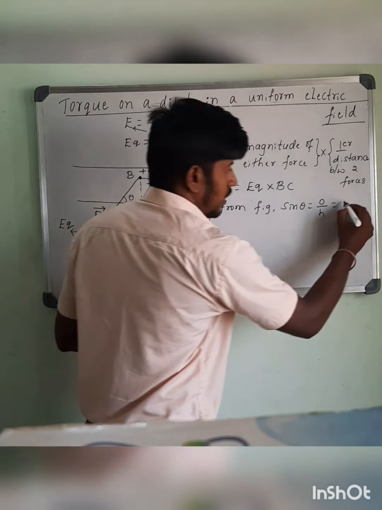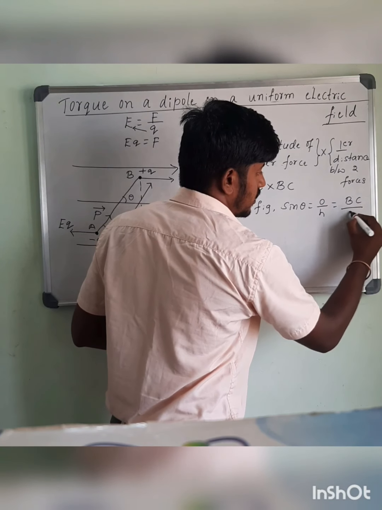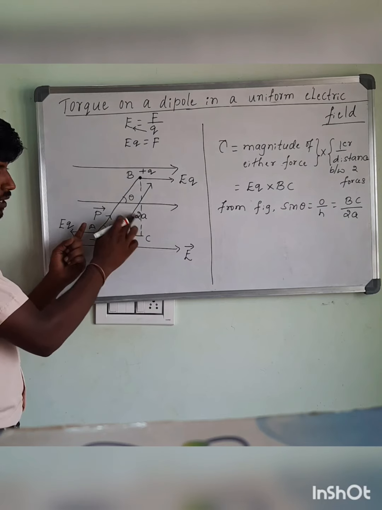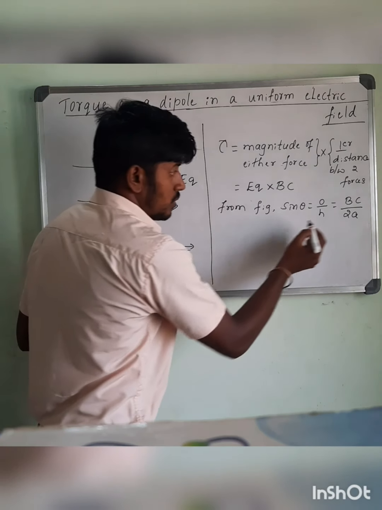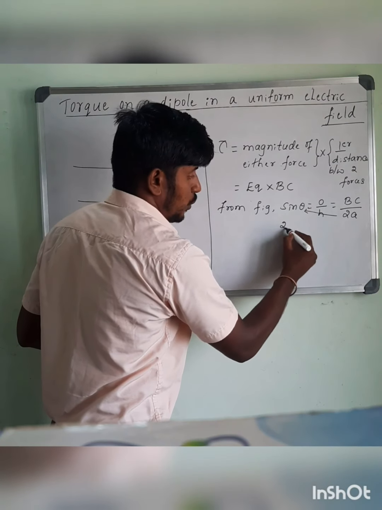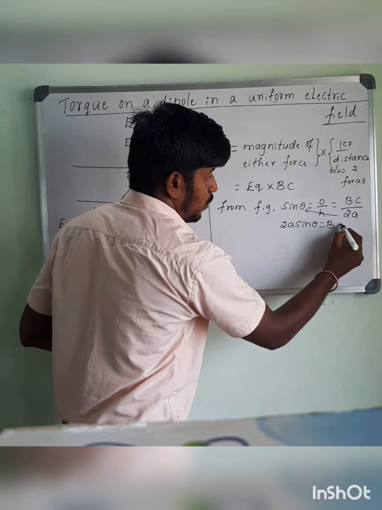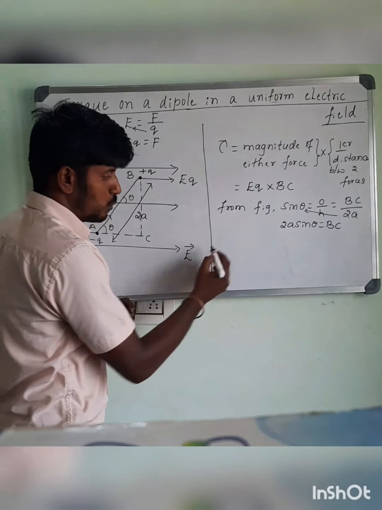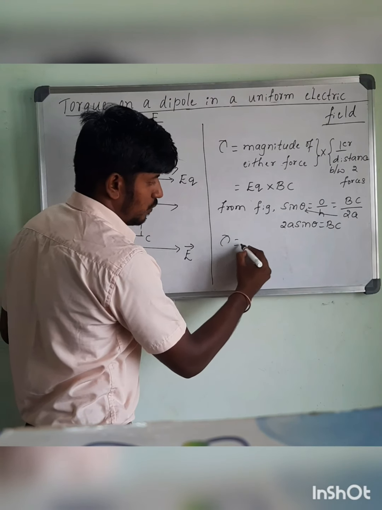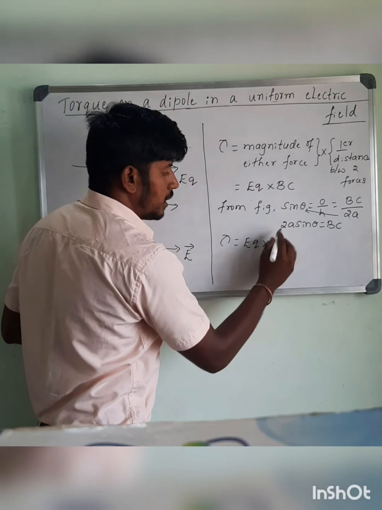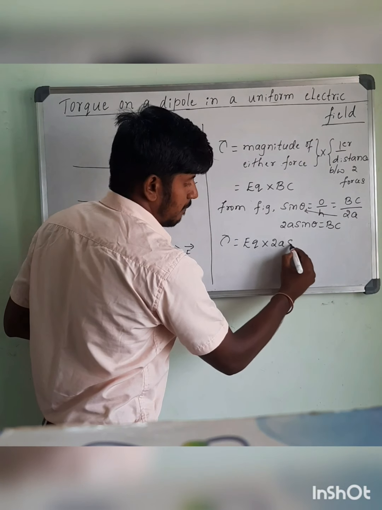BC is the opposite and hypotenuse is 2a. This is the hypotenuse and its value is already written, 2a. So cross multiplication, 2a sin theta is equal to BC. This is the value of BC, the opposite side. Therefore torque tau is equal to EQ into BC, which is 2a sin theta.